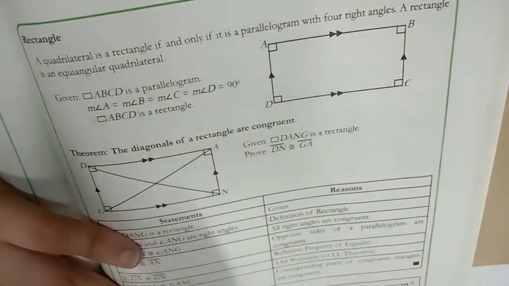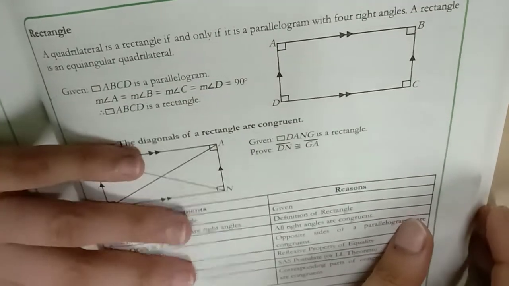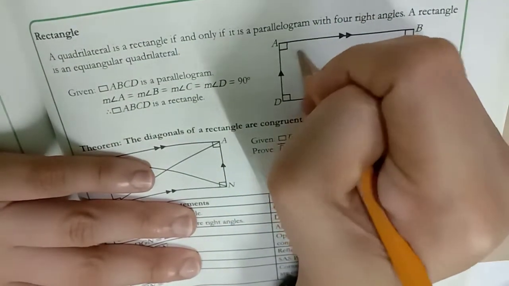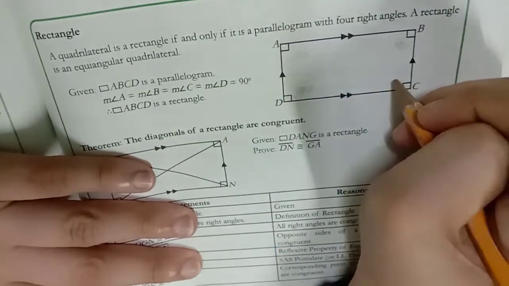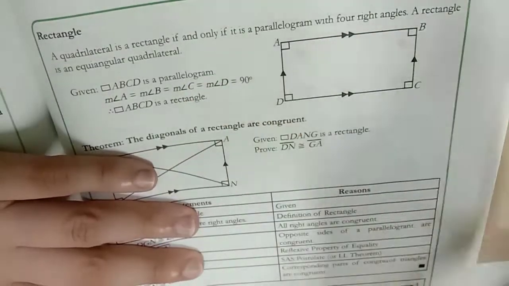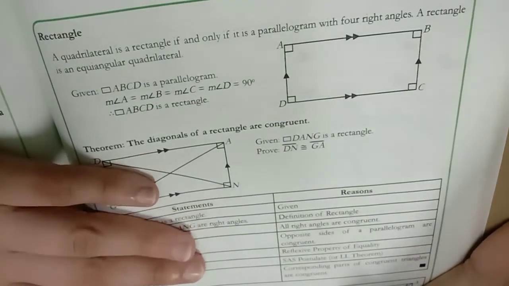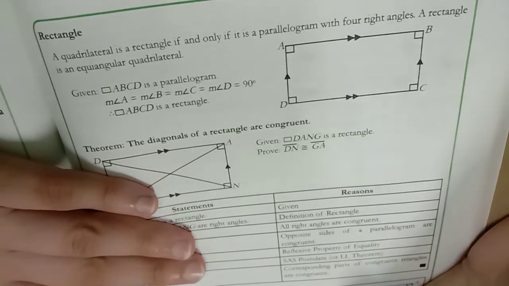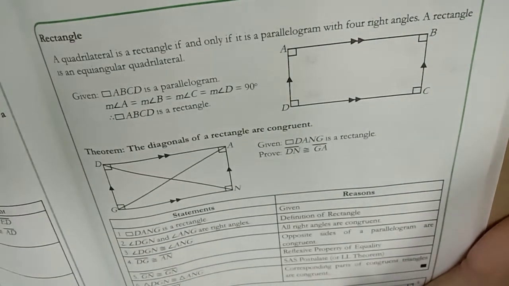Si rectangle, nakaka-form siya ng apat na right angles. So we can say that angle A is 90, angle B is 90, angle D is 90, 90. So a total of 360 degree. Ito pa rin naman po yung summation ng interior angle ng isang quadrilateral. So let's have it.